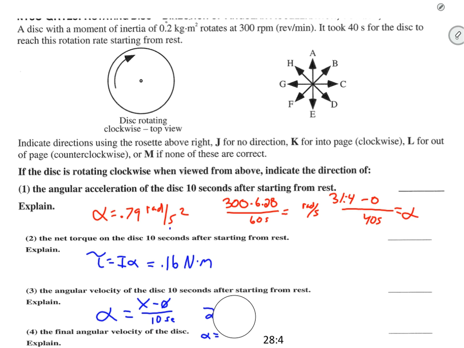Probably not 280 anymore. So now we've got 0.79 radians per second squared equals, we're looking for, so now that's 7.9.